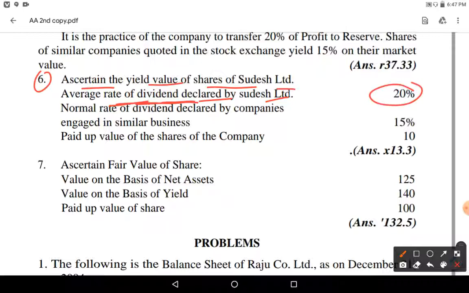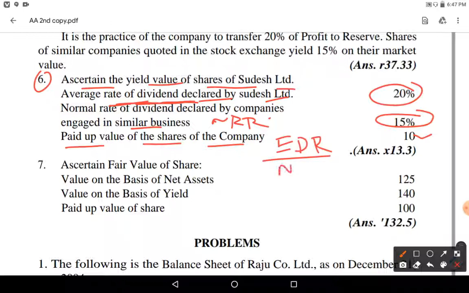Normal rate of dividend declared by a similar company, that is your NRR, normal rate of return, 15%. Paid up value per share is 10 rupees. So here it is expected dividend rate divided by NRR, into paid up value per share.